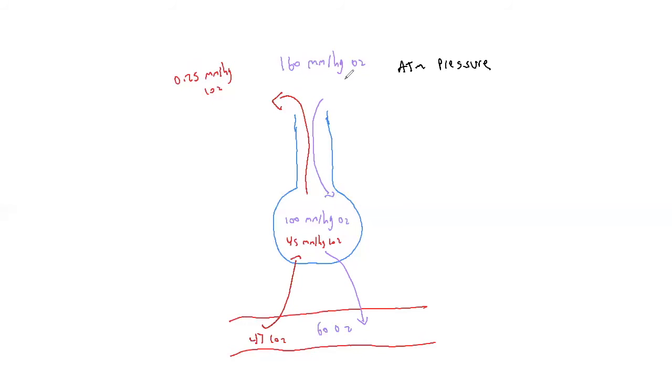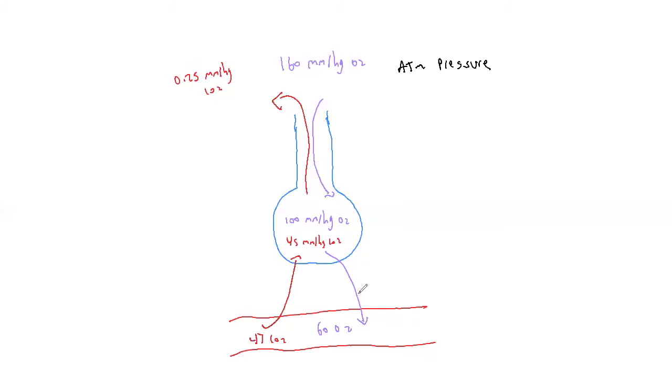Therefore, following its own partial pressure gradient, because recall that gases, like anything else, also go down a gradient, oxygen is going to go from the oxygen-rich atmosphere into the alveoli. However, CO2 is much more concentrated in the alveoli than in the atmosphere, so carbon dioxide will rapidly move into the atmosphere.